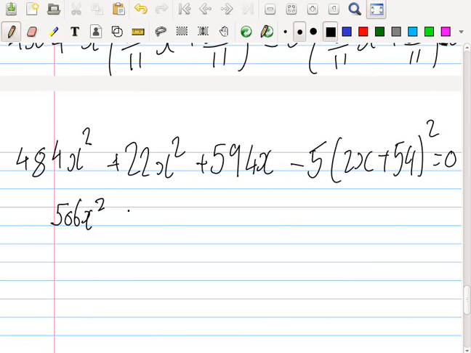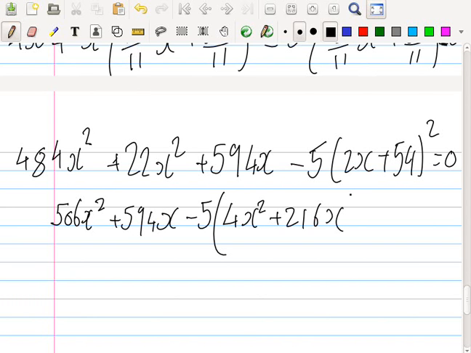506x squared plus 594x minus 5, open bracket, 4x squared, 216, is that right? Yeah, and then 54 squared, 2916, equals 0.